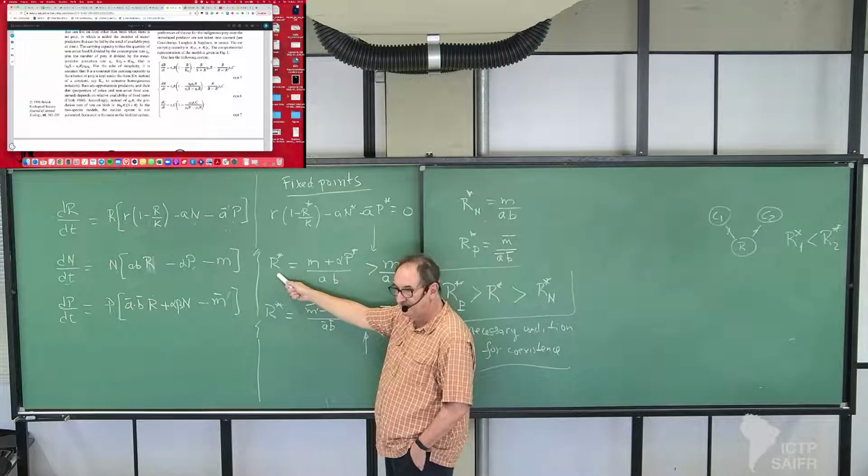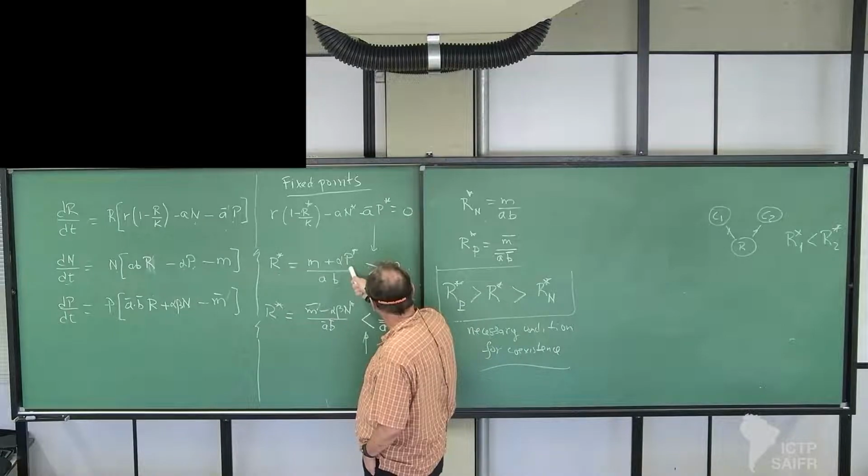So P goes here. And then you can also solve for this in terms of R star. You get an equation for R star here, which will be a little more complicated. I don't want to solve it now. But there is a solution such that this one is equal to this one, because P and N here have not been determined.